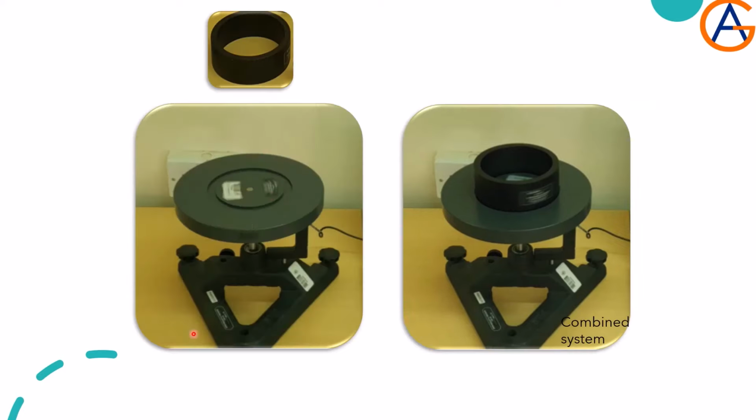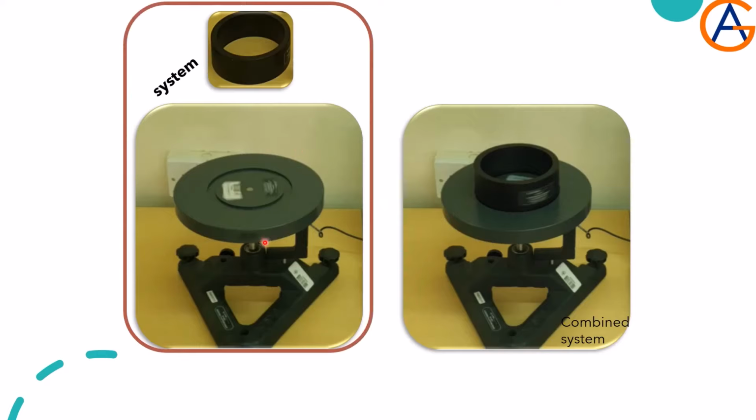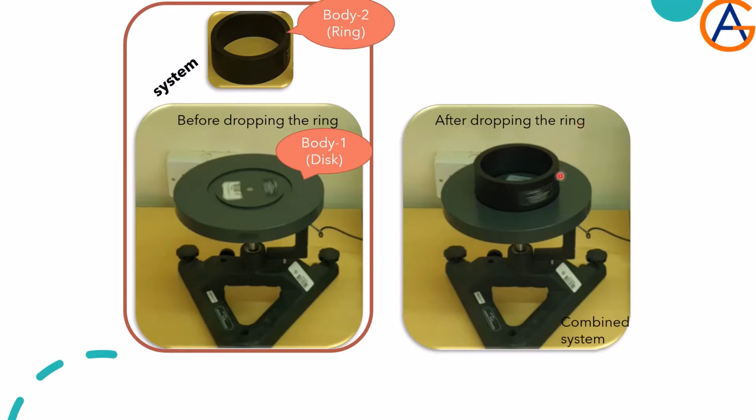This experiment has a system consisting of two bodies. Say the disk is the first body and the ring is the second body. We have to study this experiment like this: before dropping the ring onto the disk, what is happening in the system and what are the parameters in this case, and after dropping the ring onto the disk, what is happening here.